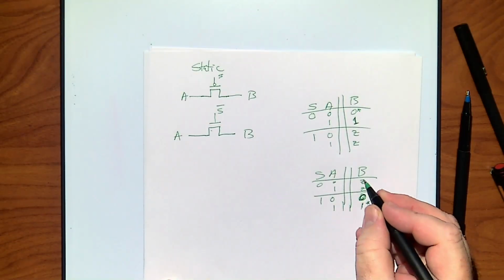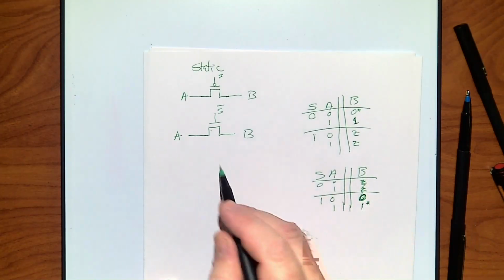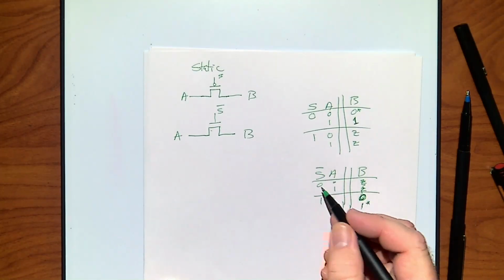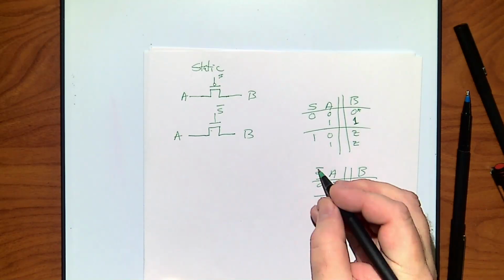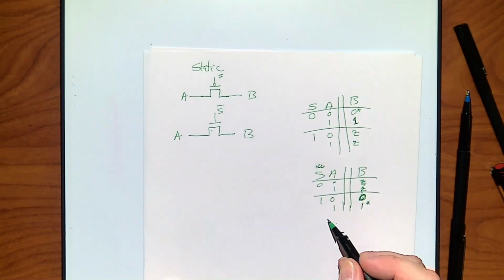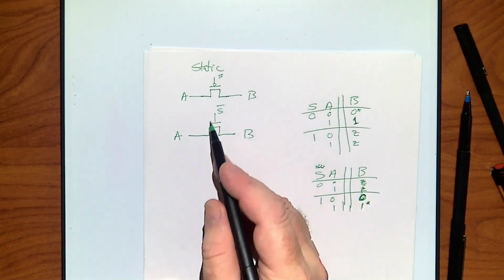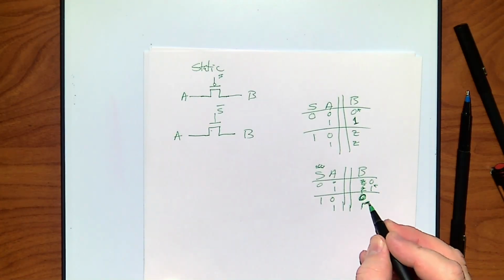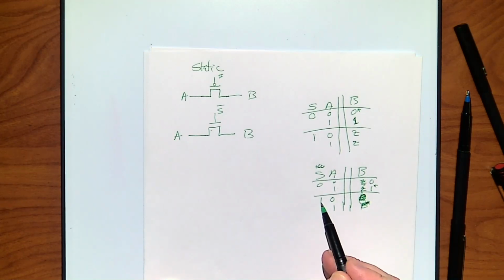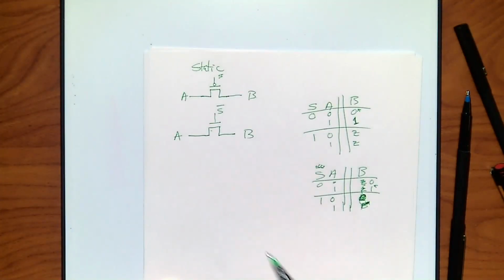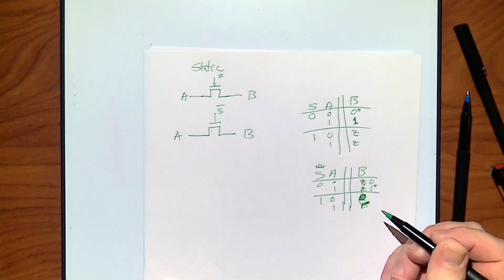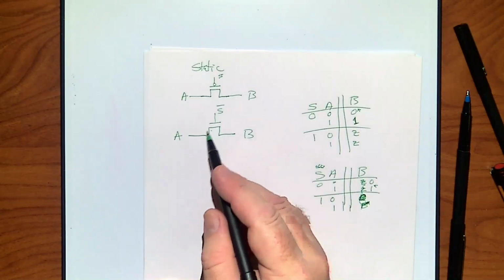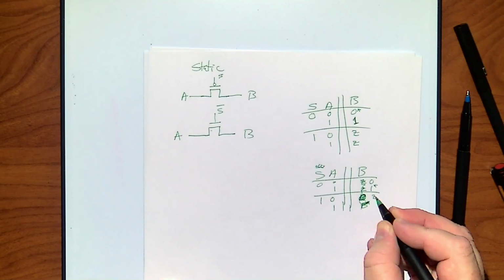Now if I'm dealing with S bar on here, let me just put S so I can compare them. If S is a 0, S bar is a 1, so I get my 0, 1 star here. And if S is a 1, S bar will be a 0, so that's off, and therefore I get my Z's.